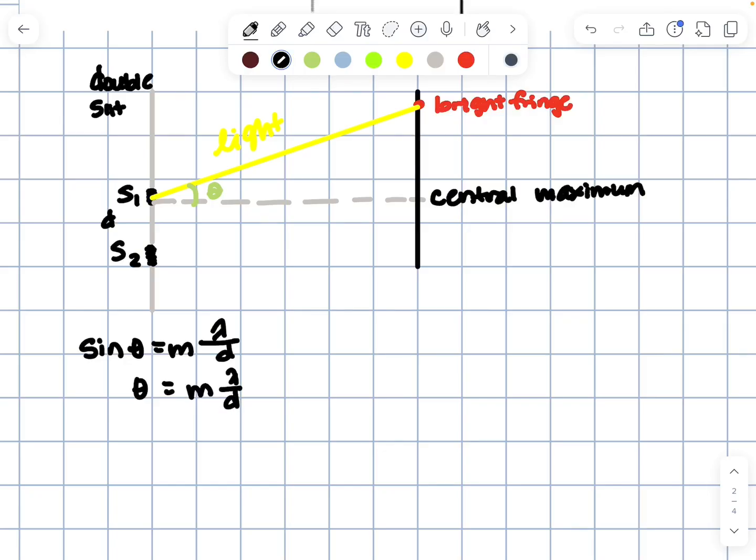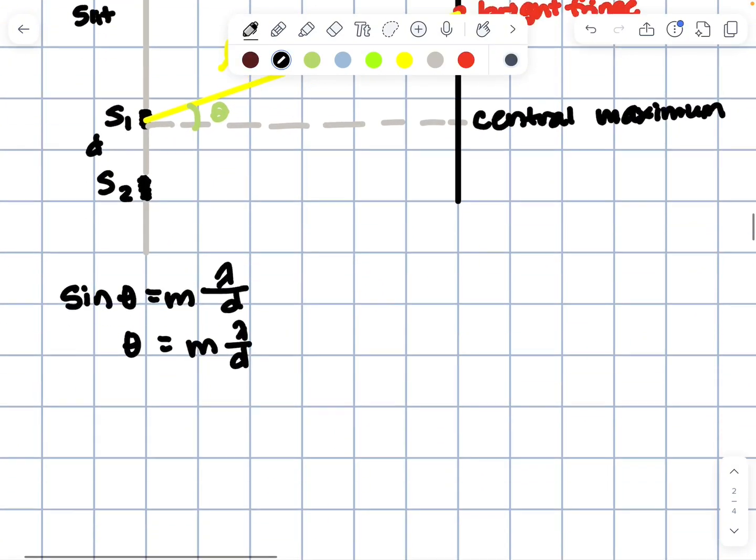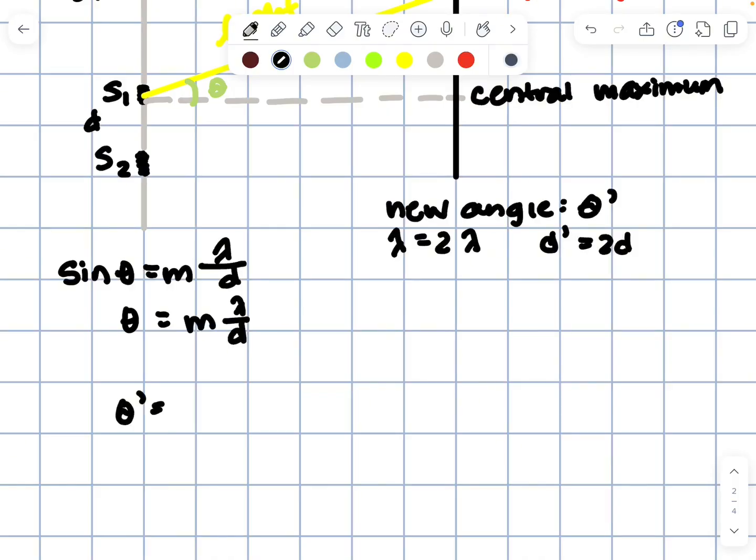that change. Oh yeah, we can calculate the change now. So we have lambda prime is 2 lambda, and d prime is 2d, and so the new angle is theta prime equals m lambda prime over d prime.